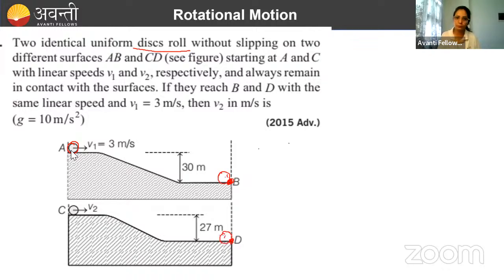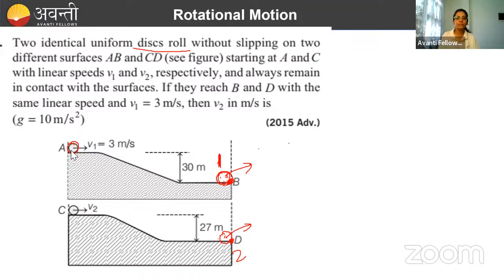So when this ball has reached B and this ball has reached D, both are having same velocity here. So you just imagine if both are having same velocity at point B and D, it means energy of this ball and energy of this ball are equal at point B and D. Done. मतलब energy of first ball and energy of second ball, both are same ना. Clear है, क्योंकि both are having same velocity at B and D. Done.